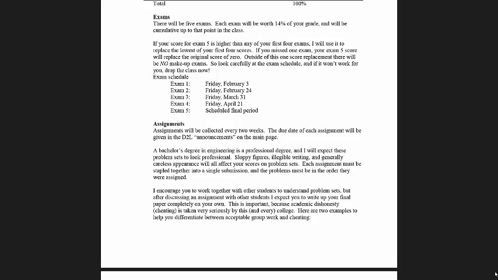And I expect all of these assignments to be done to look nice, the figures to be done carefully, and I expect the problems to be in the order that I assign them.